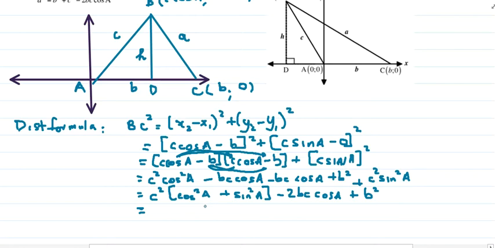I'm sure you recognize this. This is our square identities, where sine squared plus cos squared is 1. So we have c squared plus b squared minus 2bc cos A.